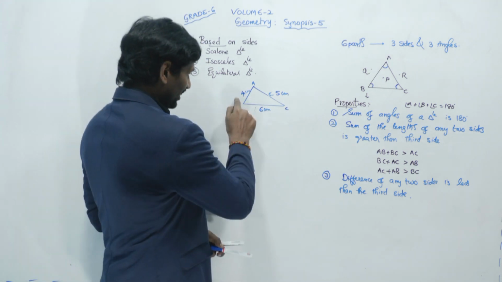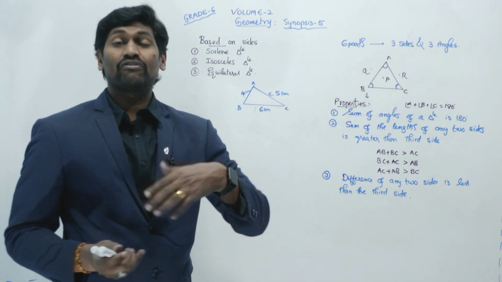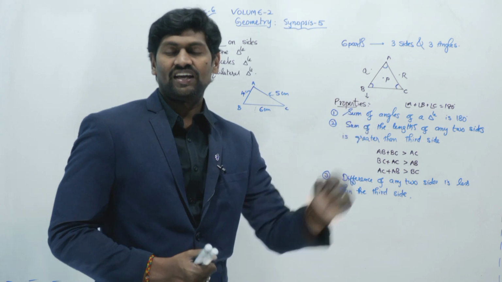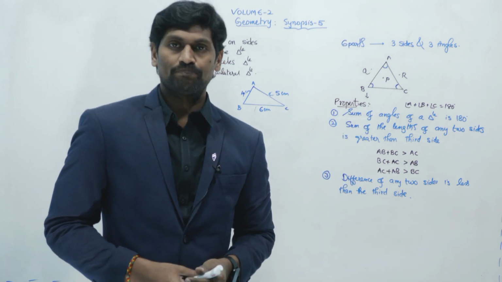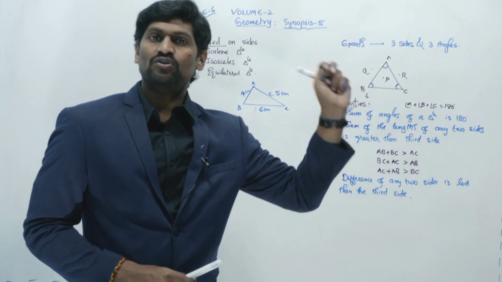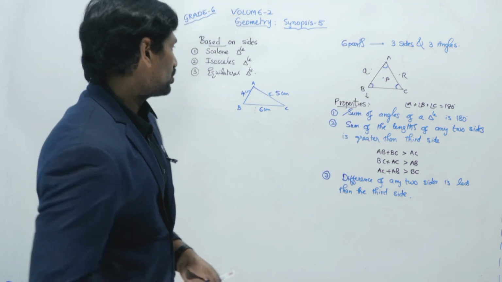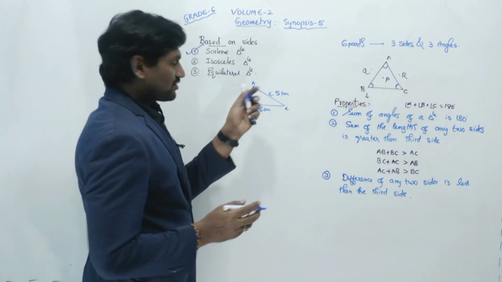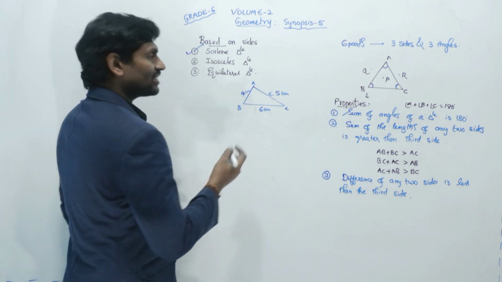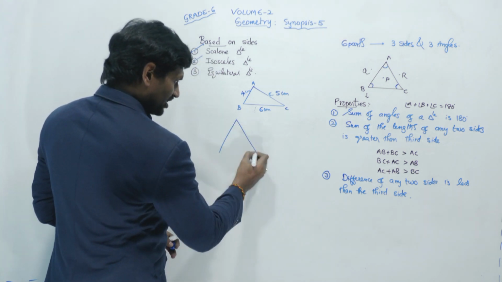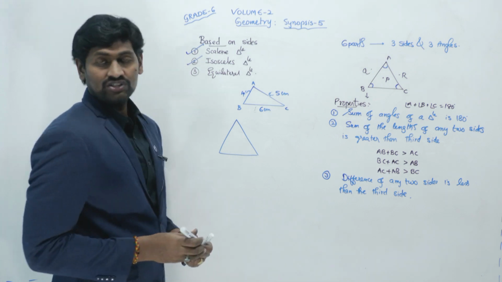All the three sides are of different length. Then we can call this triangle a scalene triangle. So a triangle in which the lengths of all three sides are different is called a scalene triangle.